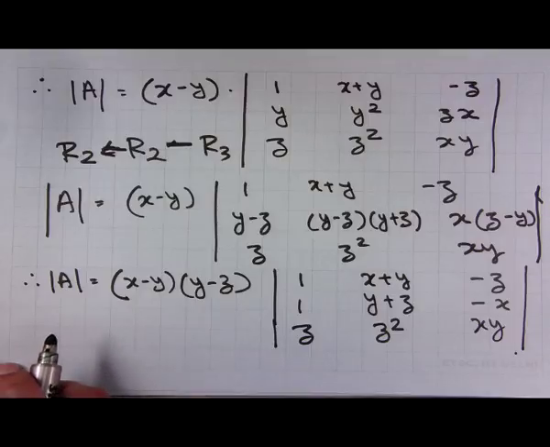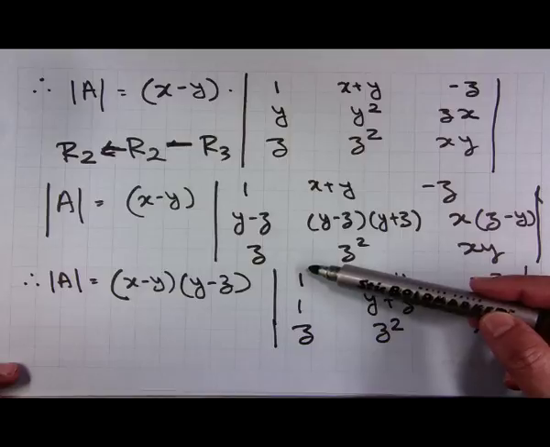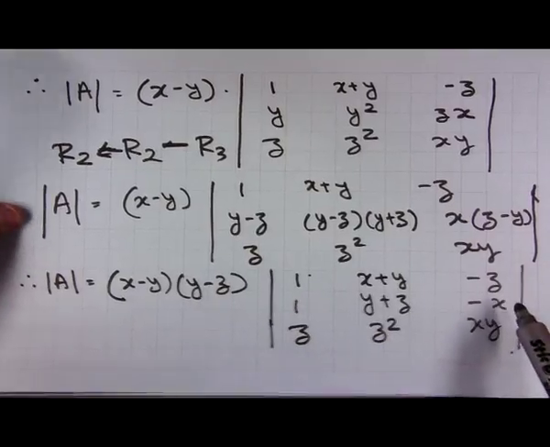Now, what we will do? We will subtract this row from this row. What will happen? It will make this 0 and it will make this minus x plus z.